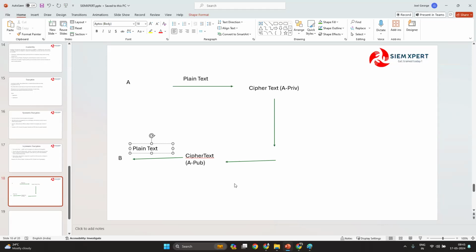This happens in the asymmetric encryption part. So when someone needs to collect data, they first share their public key with the sender. Then the sender encrypts the data with the recipient's public key and sends it to the recipient, who decrypts the data with his own private key.